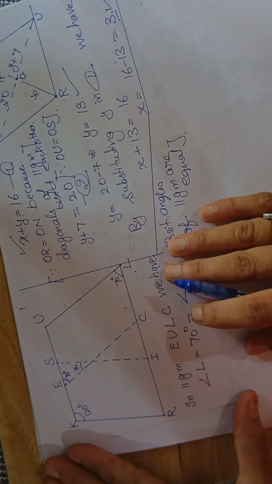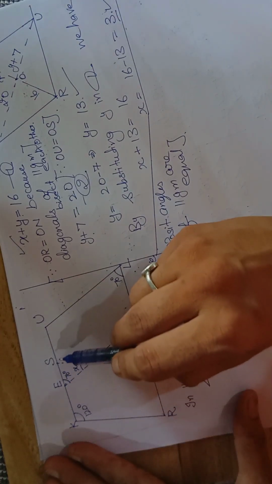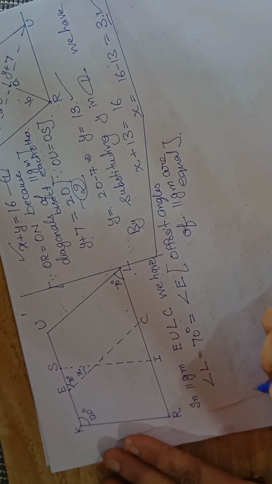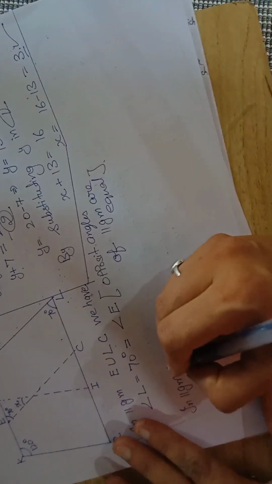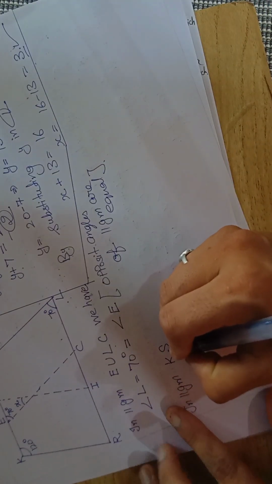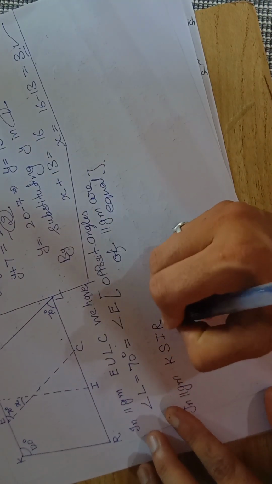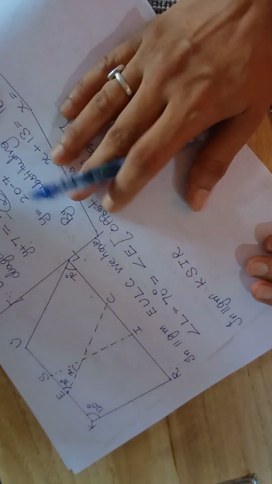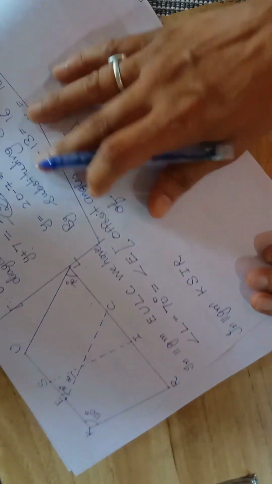Now, taken to be another parallelogram KSIR. In parallelogram KSIR, this is our parallelogram KSIR. What we have in KSIR?